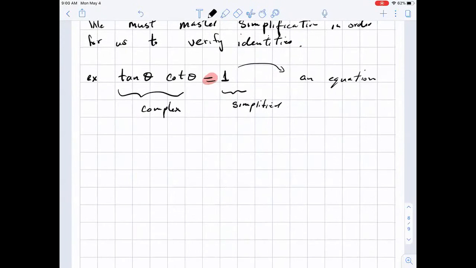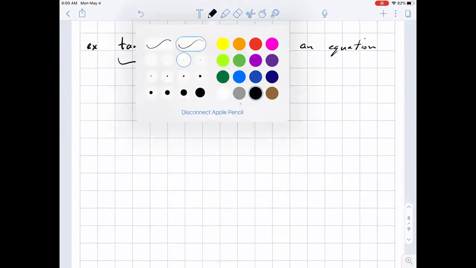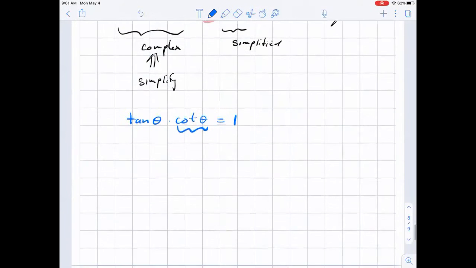So you want to simplify this, and see if you can simplify that and get 1. Well, let's try it together. Tangent theta times cotangent theta is equal to 1. Well, cotangent is the same as what?